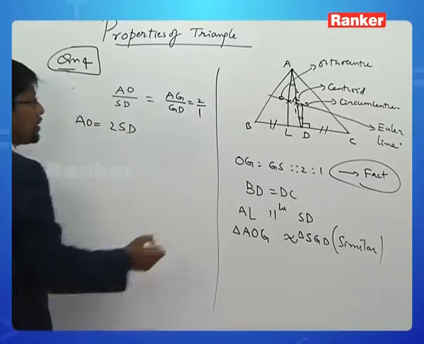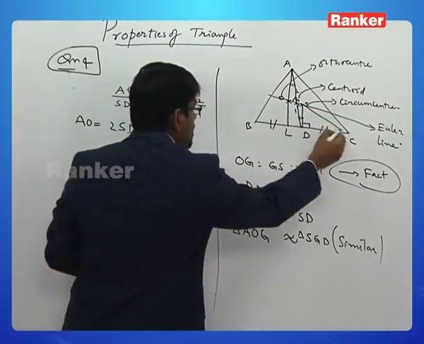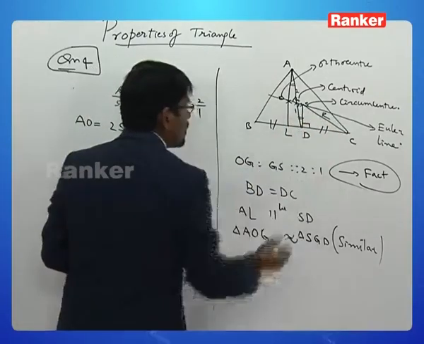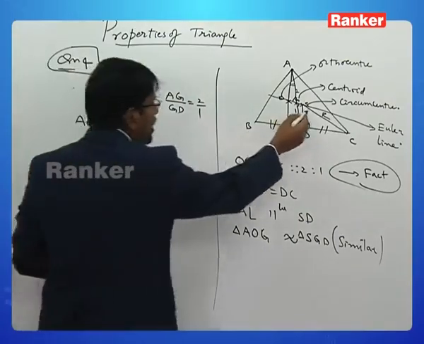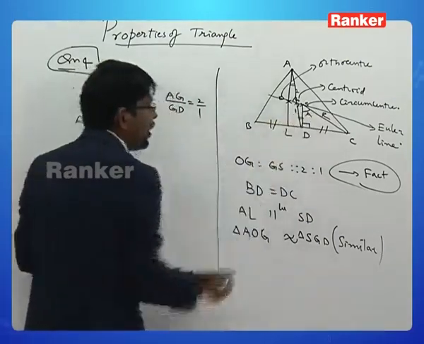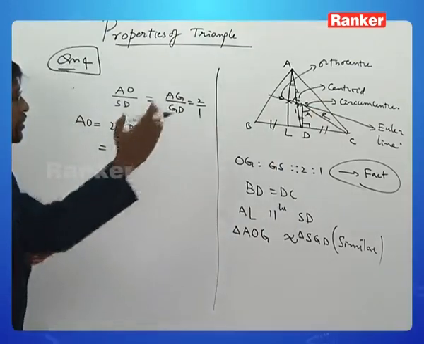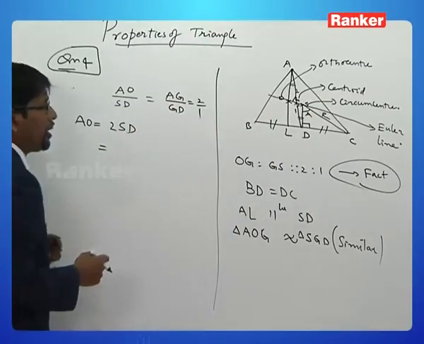What is SD? Let's join S and C. SC will be capital R. This angle is angle A, so R cos A will be SD.